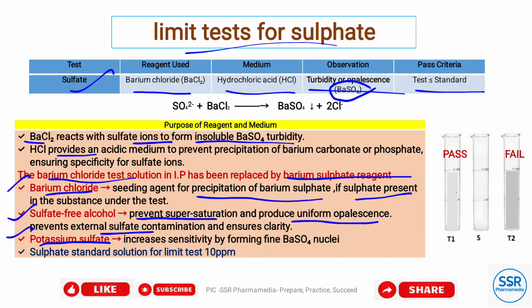Potassium sulfate increases sensitivity by forming fine barium sulfate nuclei.